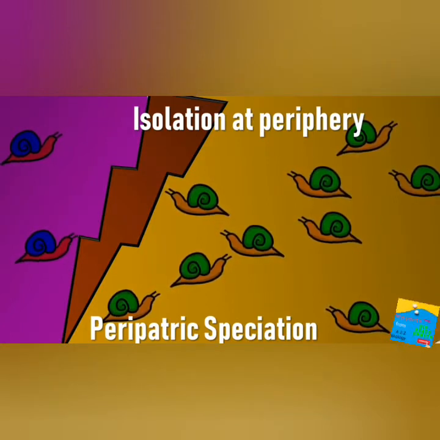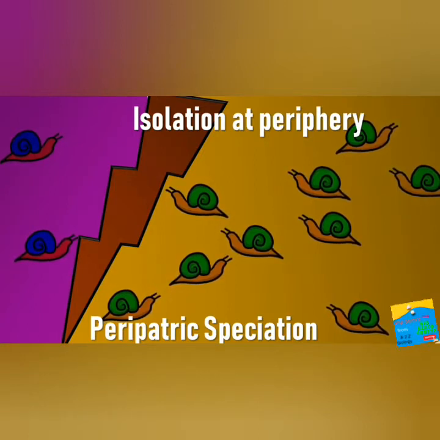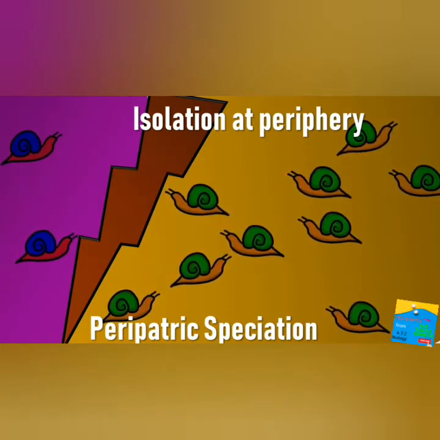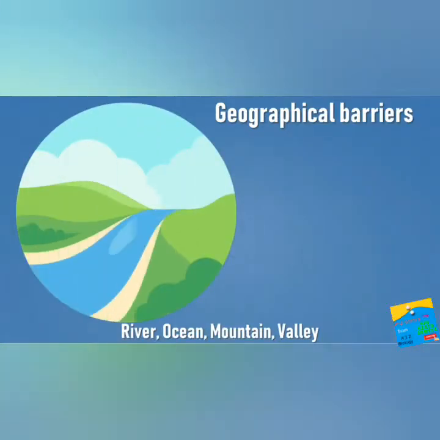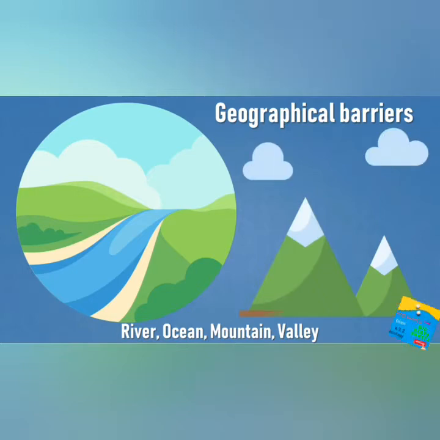From the word peripatric, we can remember that speciation is occurring at the periphery. The geographical barriers in the allopatric and peripatric speciation can either be a river, an ocean, mountain, valley, etc.